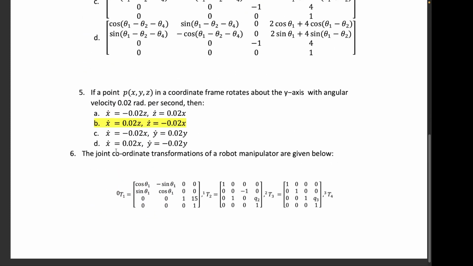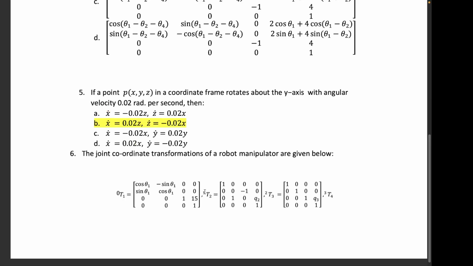Just give me a minute. Yeah, so the next question is, we have a sequence of transformations, and all these are homogeneous transformation matrices. The notation, as you are familiar, is that this matrix transforms from 0 to 1 and is expressed in the 0th frame.